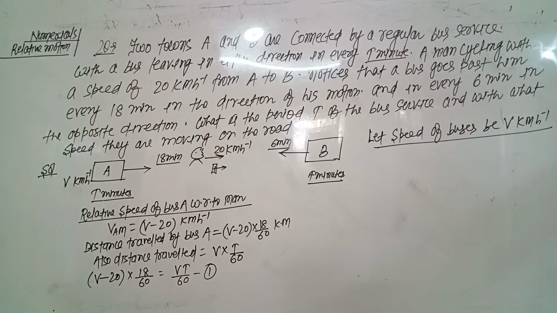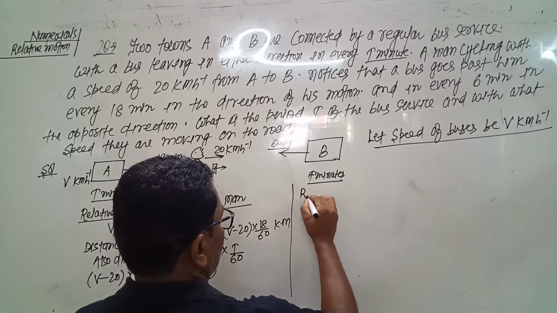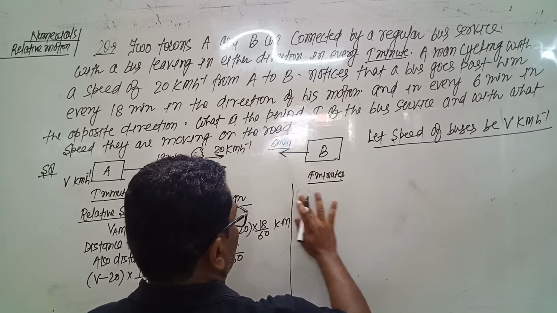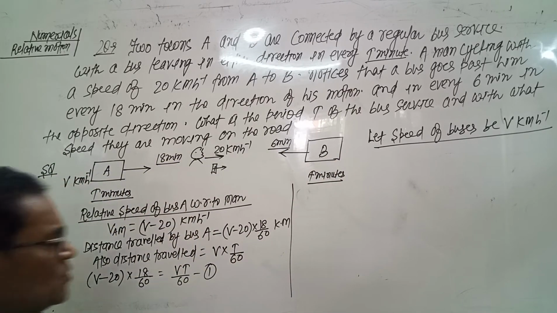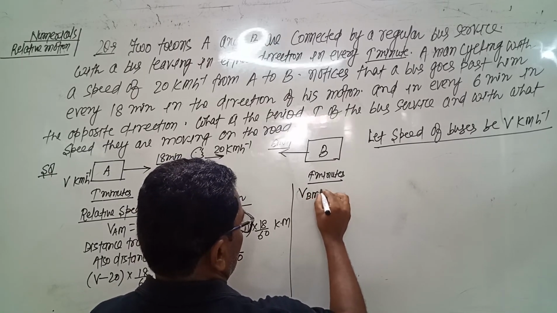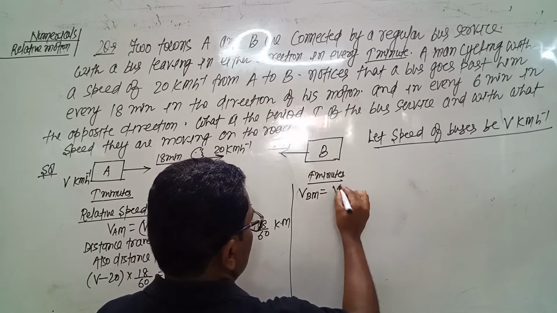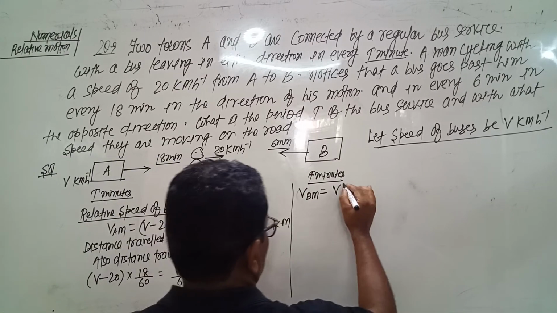Now we will calculate the relative speed of bus B with respect to the man. V_BM equals v plus 20 because its direction is opposite.